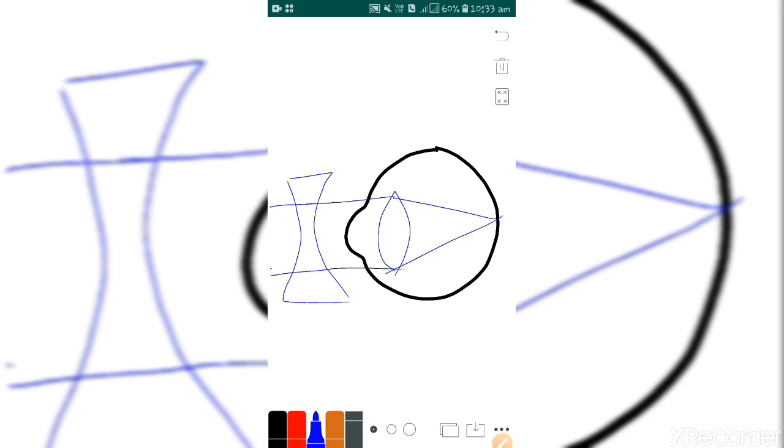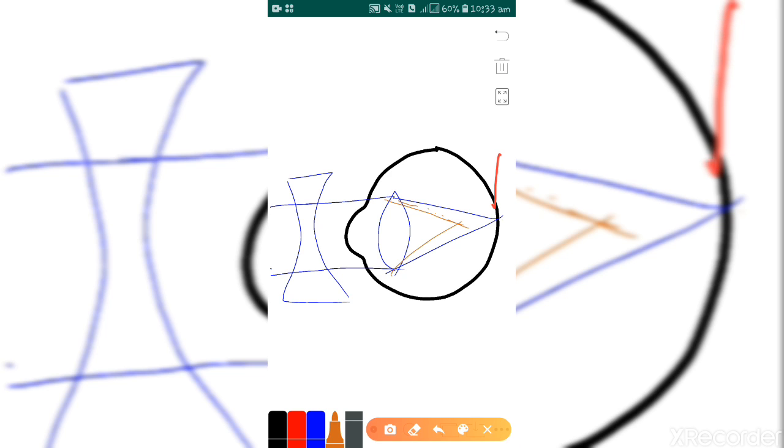Okay, but actually your focus point in myopia is here, but light is actually diverged at this point in the elongated eye here. Okay, because the concave lens is trying to diverge this ray a little farther. That is why we are using concave lenses in case we have a defect of myopia.